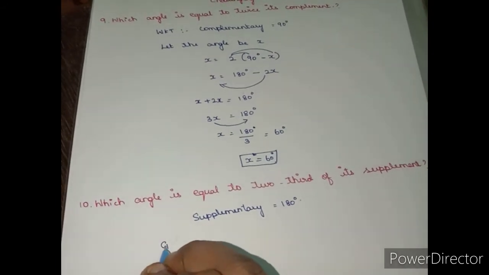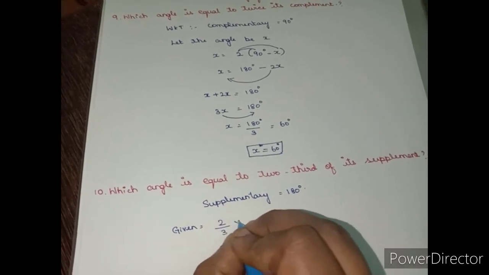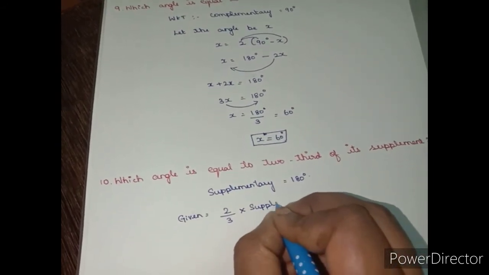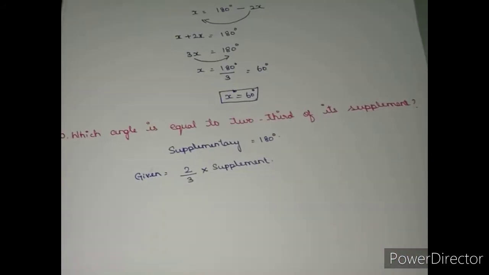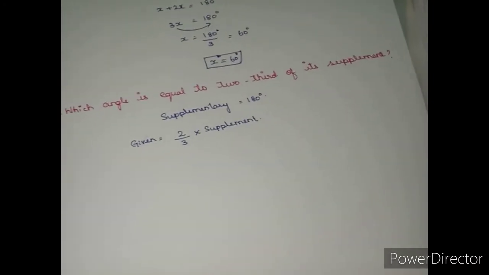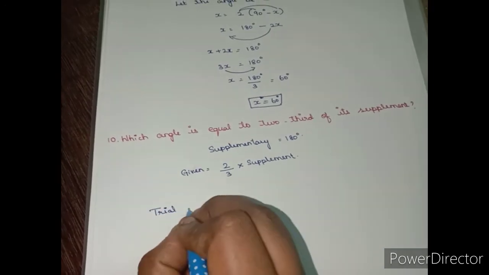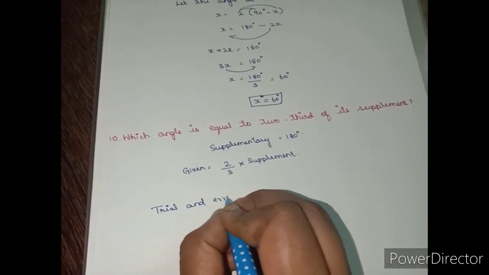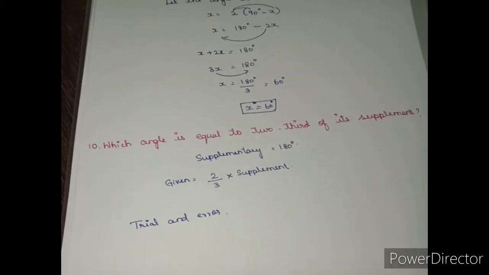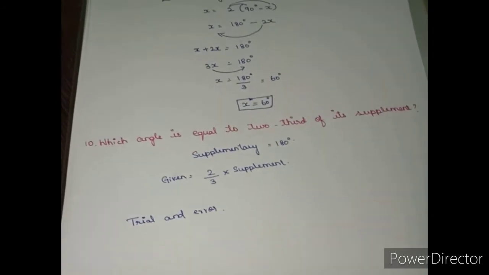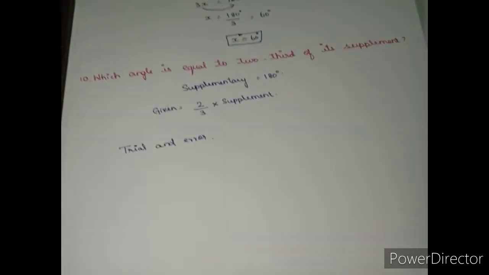So what is given? 2/3 of its supplement, right? Now we are going to try the trial and error method. Trial and error is nothing but assuming one number as the answer and working it out. If we find the answer it is correct, if not we'll go with the next number. That is called the trial and error method.